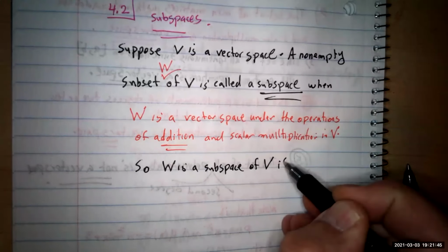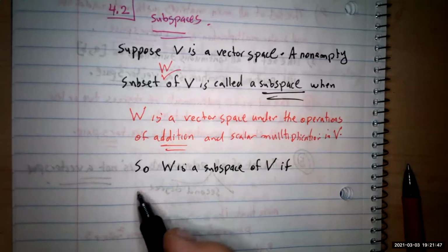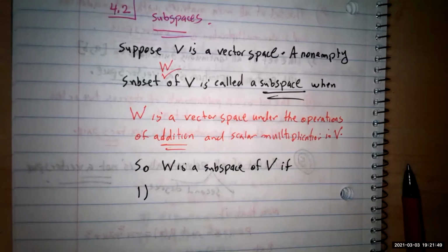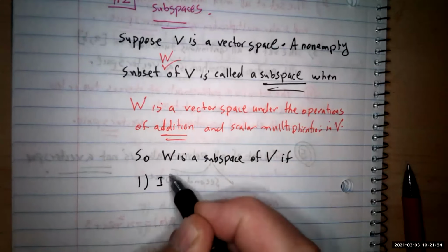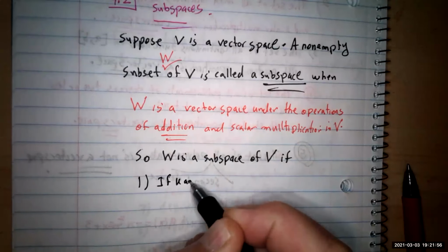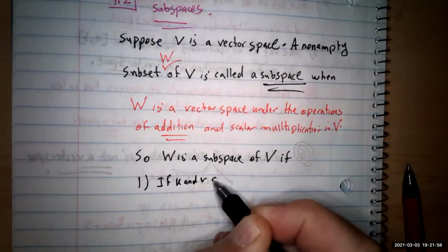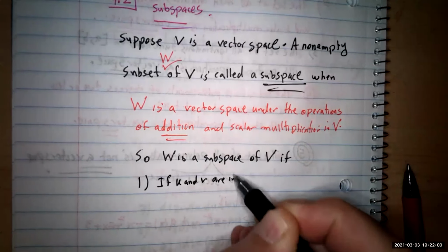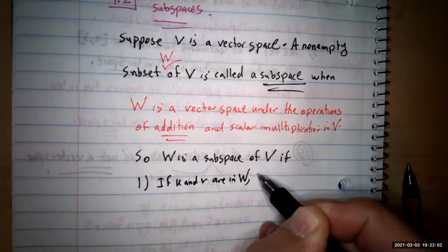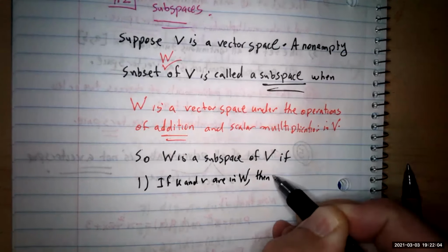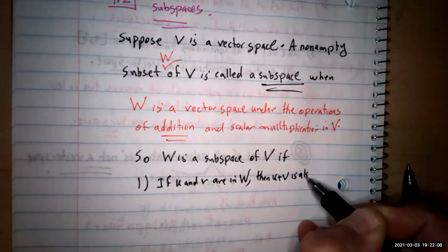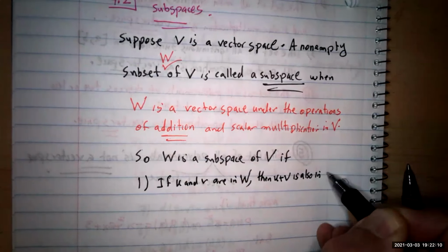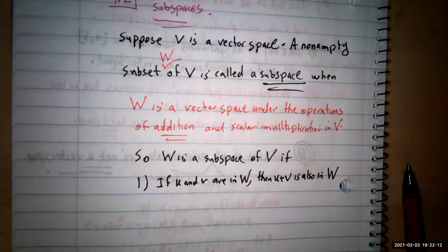The first condition: if u and v are in W, then u plus v is also in W. It's closed under addition.